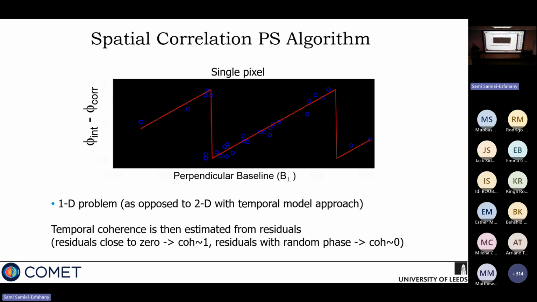Those residuals are what tell us what the noise is. You can convert those residuals to temporal coherence. When they're very small, you get closer to a coherence of 1, and when they're very large, you get coherence close to 0. Here's the line.